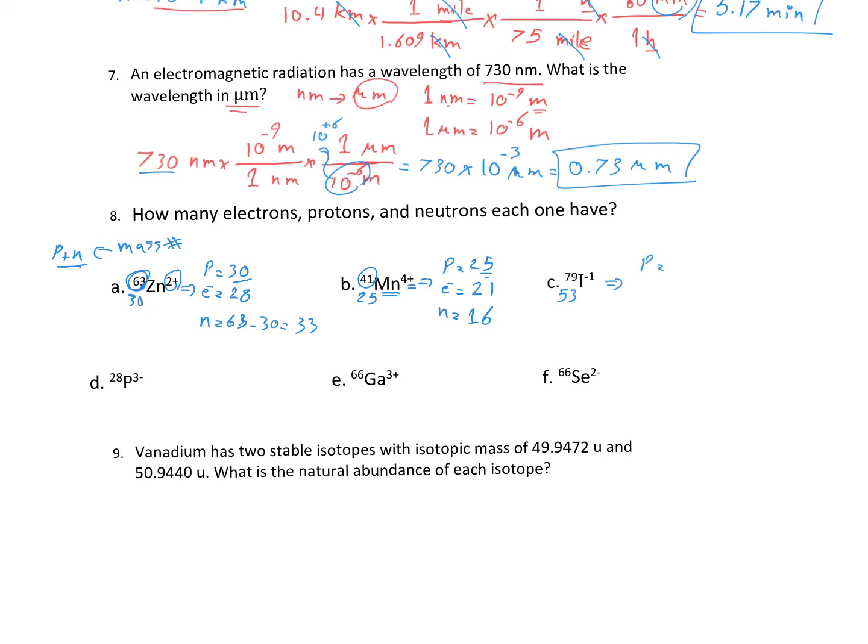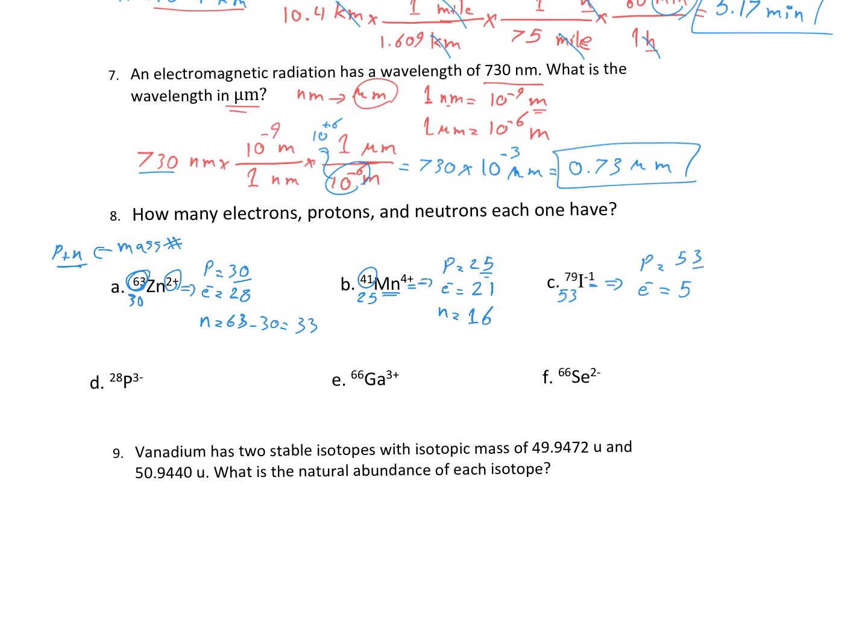Same thing, you check the atomic number for iodine, it's 53. Therefore, you have 53 protons. Electron, it's -1 charge, so it means it's negatively charged. Therefore, it has more electrons, because electron charge is negative, okay? And it's 1 negative, so it has 1 more electron than protons.